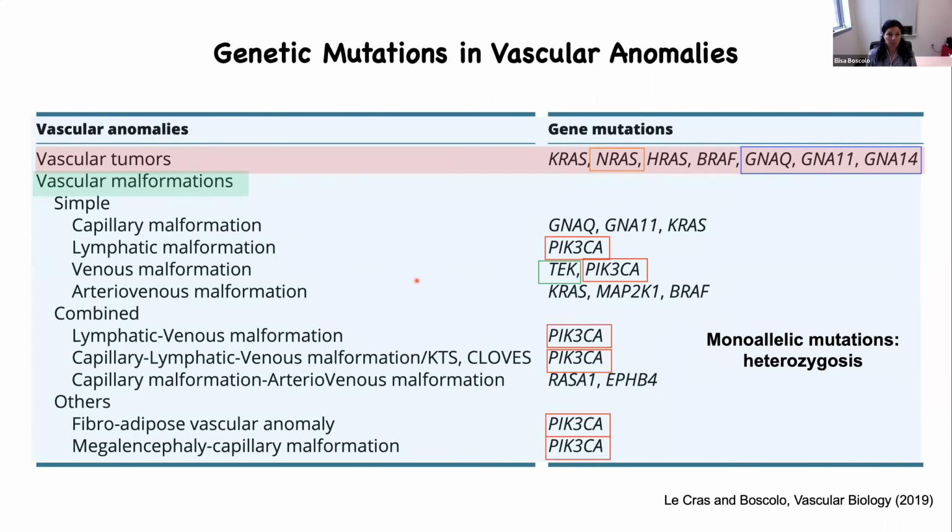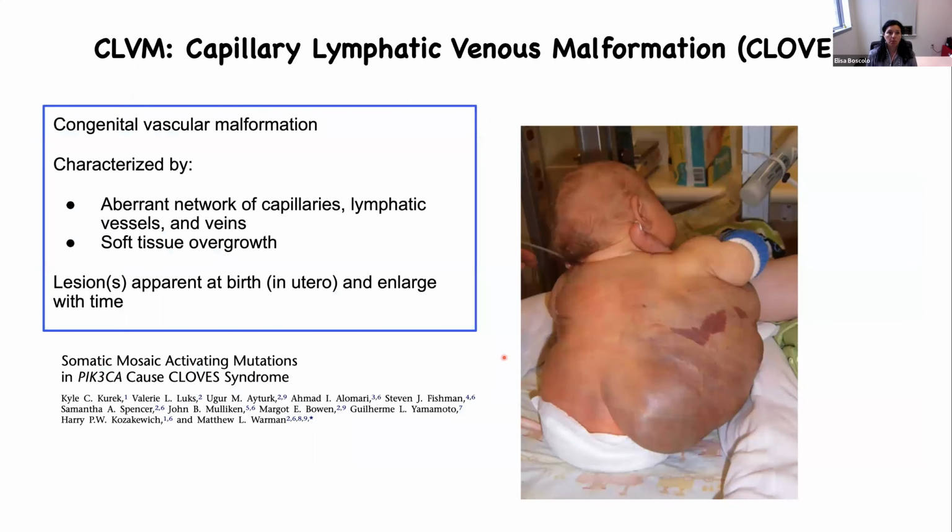And as Mike mentioned, we have been working on PIK3CA in the context of venous malformation and in the context of capillary lymphatic venous malformation, or CLVM or CLOVES. So just going into that, CLVM is called capillary lymphatic venous malformation, and this is found in patients with CLOVES and is characterized by an aberrant network of capillaries, lymphatic vessels, and veins.